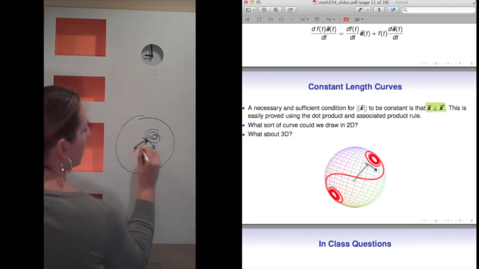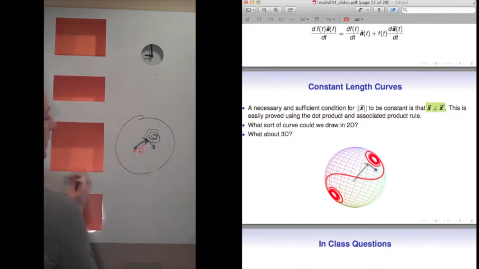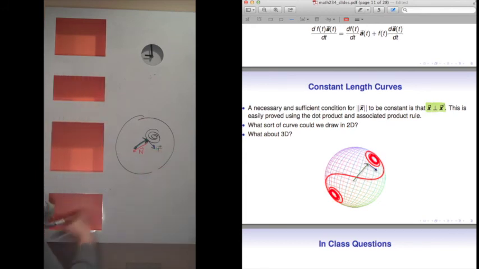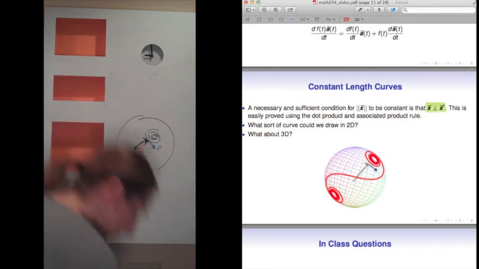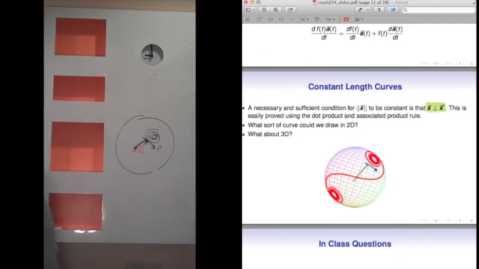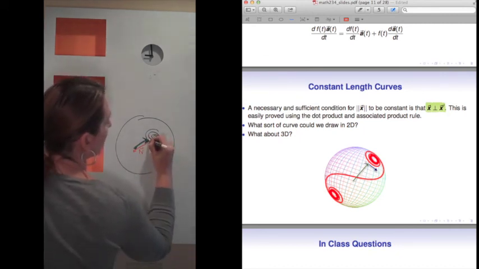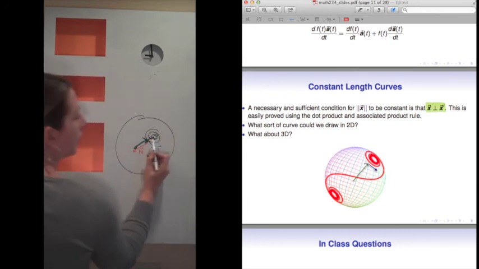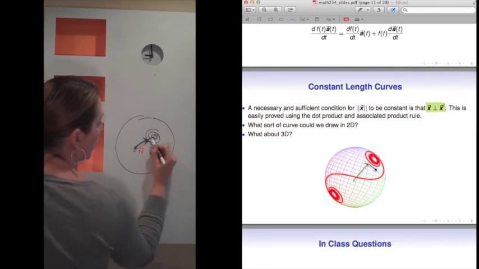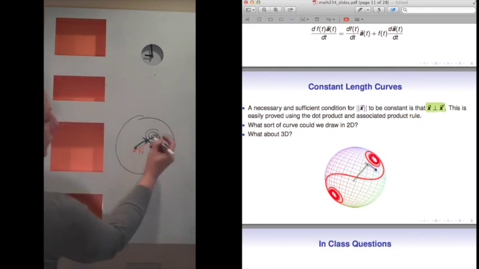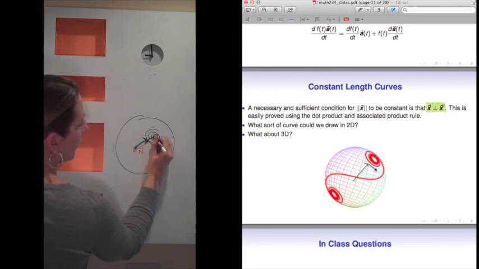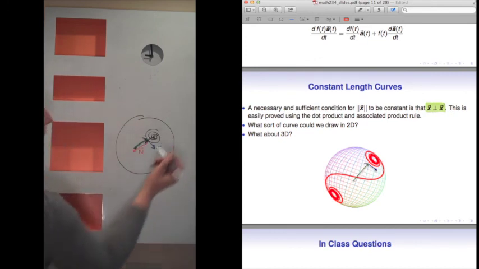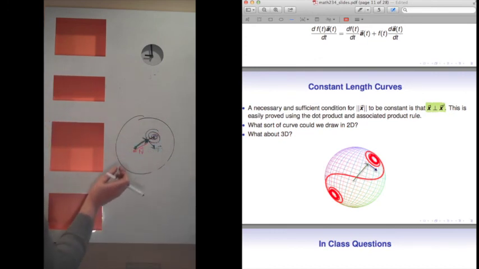So my normal vector is here, my tangent vector is this one, and when I calculate the binormal, what I'm going to have is a third vector that points in this direction. And whether or not it points into the spirals or out of the spirals, you have to use the right-hand rule to figure it out.